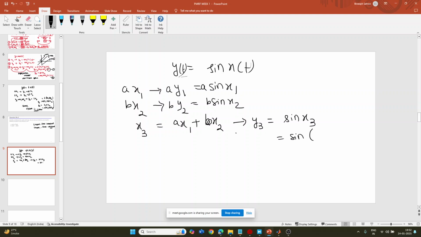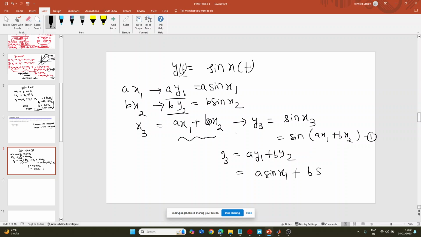Sine x3 is sine of a x1 plus b x2. So this is my first equation. This should be equal to y3 equal to a y1 plus b y2. Now what is y1? This is a combination of these, so a sine x1 plus b sine x2.